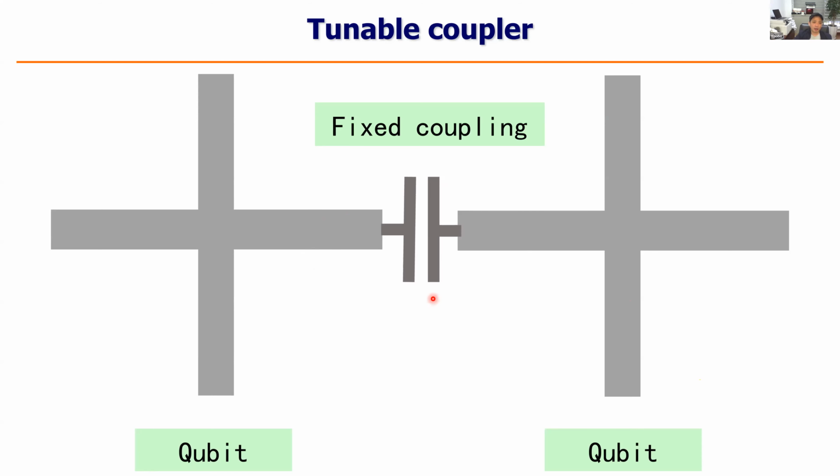And the second is that whatever you do to tune these two qubits off resonance, even if you tune by like 2 gigahertz, a very large tuning, there is still some residual coupling between these two qubits.